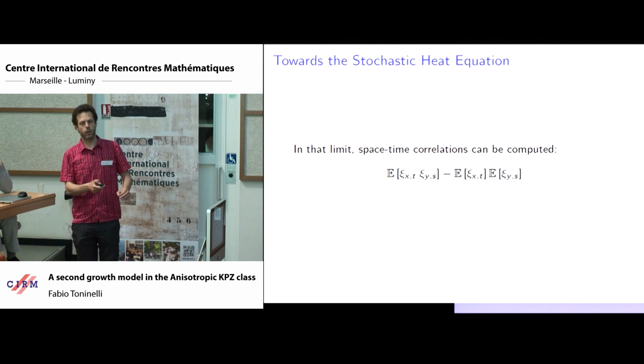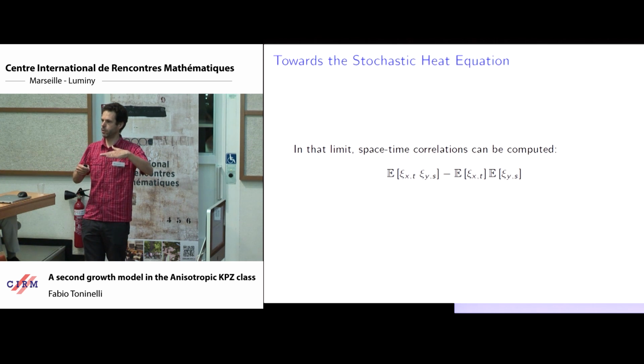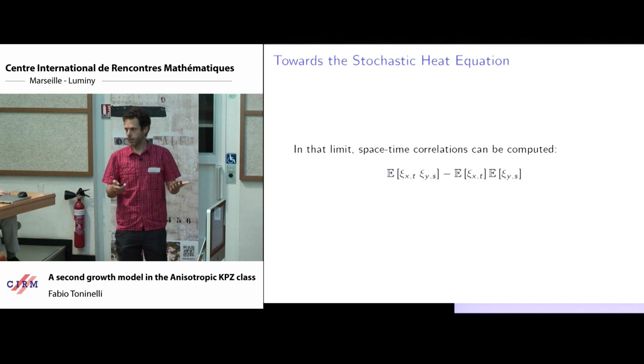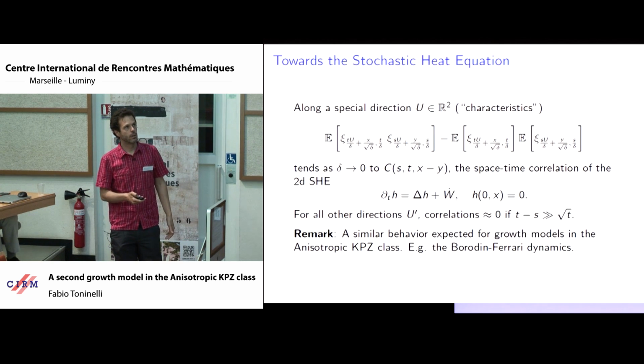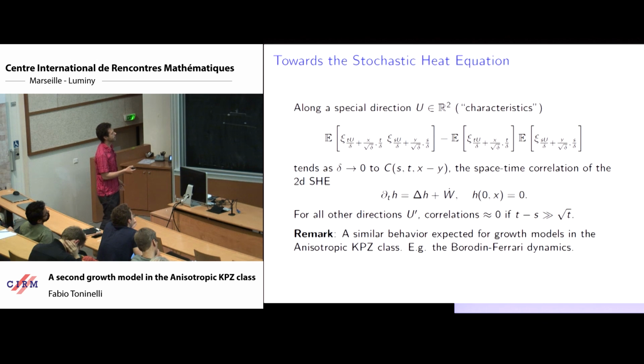So these are the correlations. You can see them as correlations between height fluctuations at time t, position x, and the same thing at time s and position y. Once you have done this limit, you can compute everything. And what turns out is that if you look at it in the right way, you recover exactly the correlation of the stochastic heat equation.